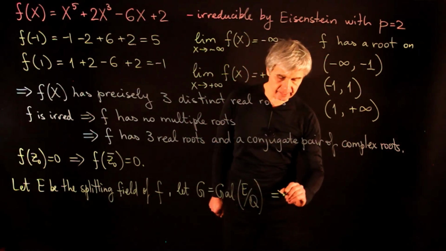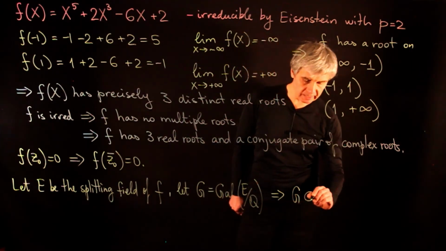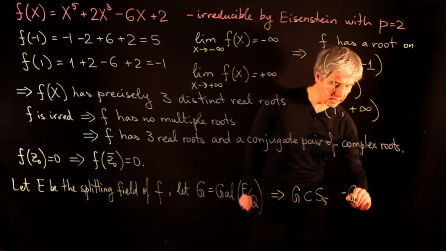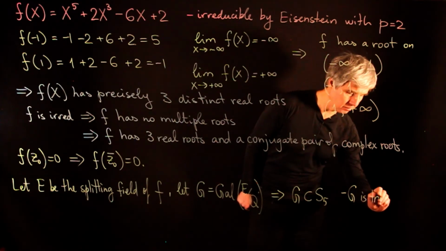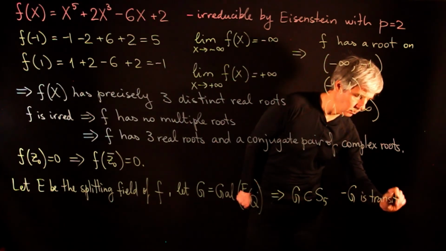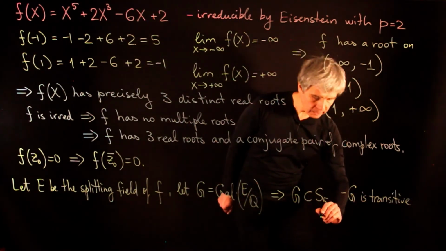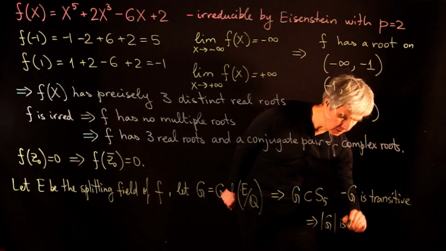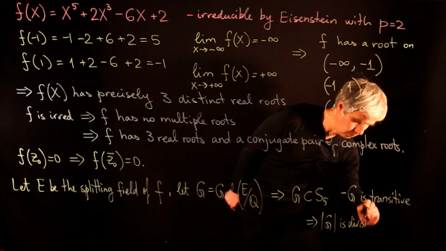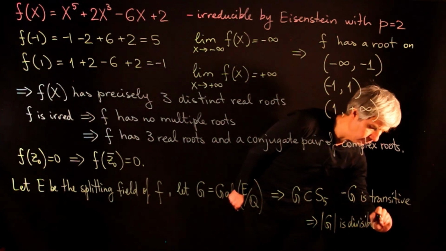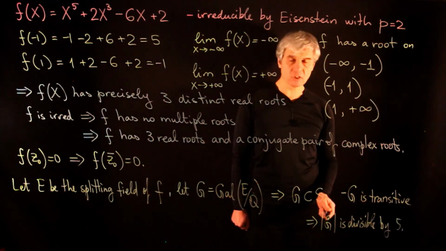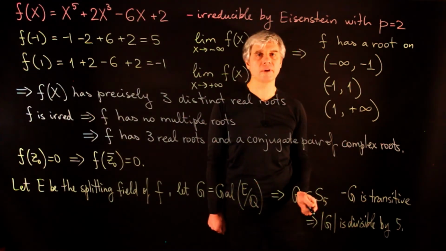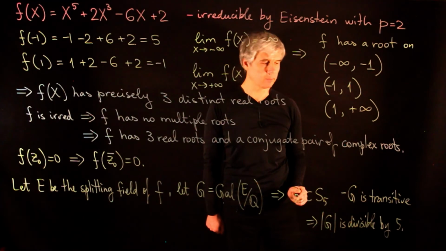So this tells us that this group is a subgroup inside S5. And we know that this subgroup is transitive. And thus, the order of G is divisible by 5, since G has an orbit of length 5, and the length of an orbit is a divisor of the order of a group.